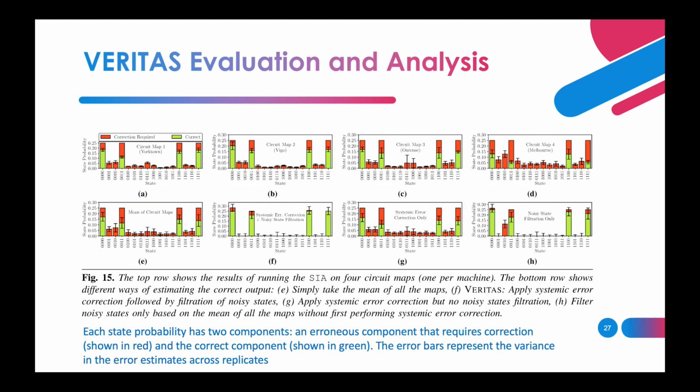This is the final evaluation they went through for the entire system. From A to H, they showed parts of the implementation of their algorithm, using the systematic error correction plus the noise state estimation that they proposed, and then moved on to the last one that shows the perfect situation.